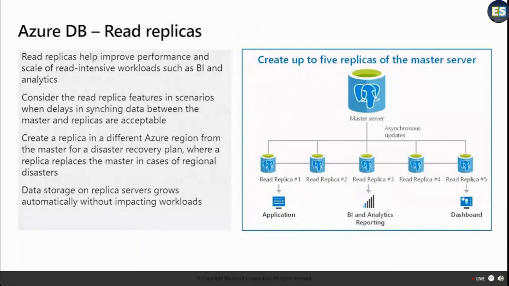So read workloads can be isolated to the replicas, while the write workloads can be directed to the master. Common scenario where you might use this is if you've got analytical workloads that uses the read replica as a data source for reporting. Because the replicas are read-only, they don't directly reduce the burden of write operations on the master. Now, this kind of replica feature isn't targeted for write-intensive workloads.